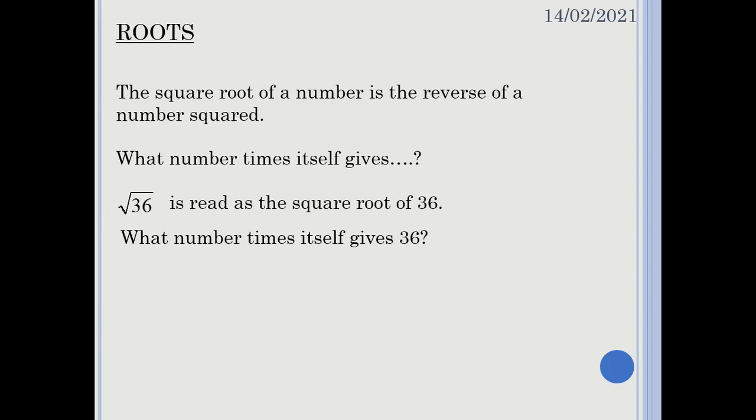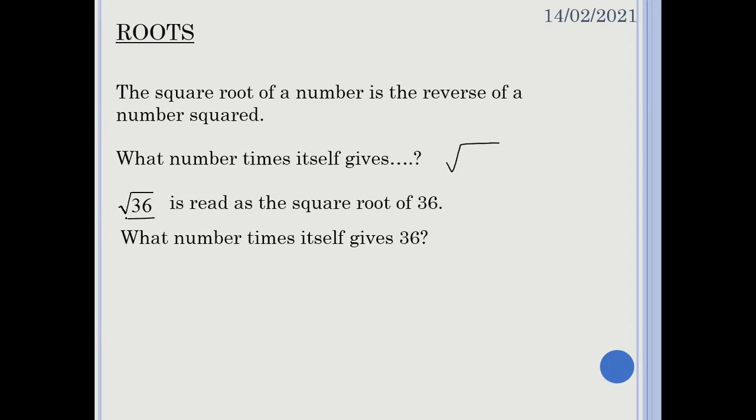And this is the symbol that we use. It almost looks like dividing, but it's got a wee tick at the start. And the way that we would read that is square root of something.